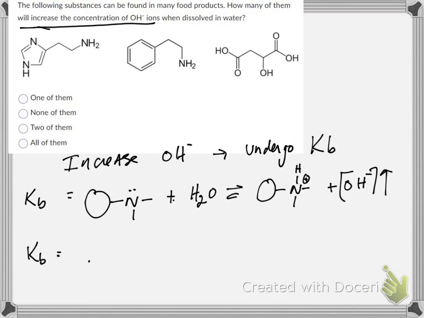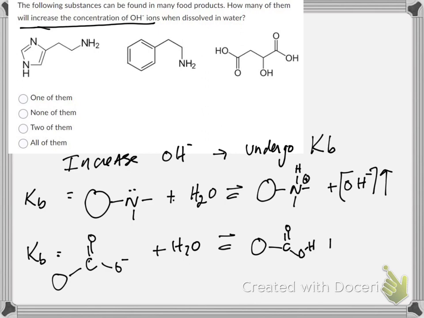The other substance we can put in water that would create hydroxide ion is the conjugate base of a carboxylic acid. So COO minus will act as a base, and so it will regenerate its conjugate acid, plus hydroxide ion. So either one of these would do it, but we see through the panel that the COO minus is not present.